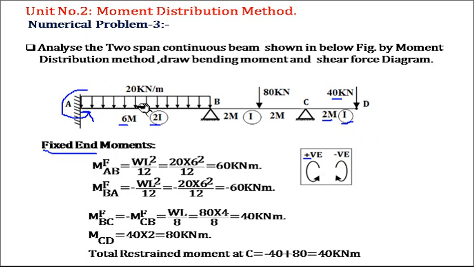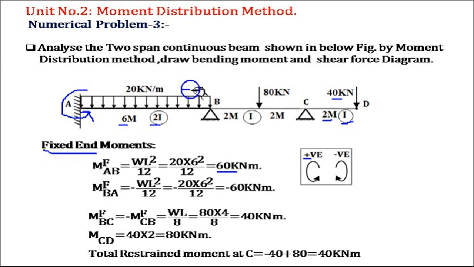As it is loaded by a uniformly distributed load, the formula is WL square by 12. The value of W is 20 and the length of the member is 6. Putting the values, 20 into 6 square by 12, so the fixed moment in member AB is 60 kN meter.